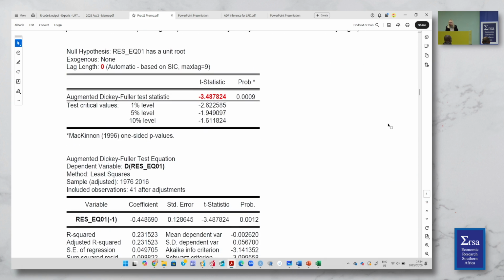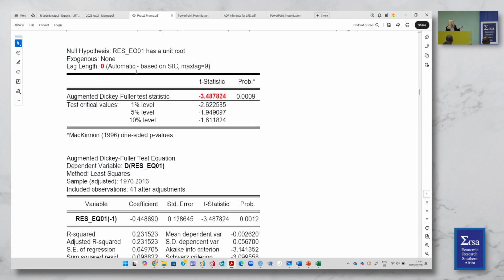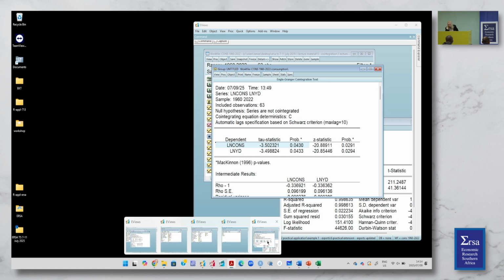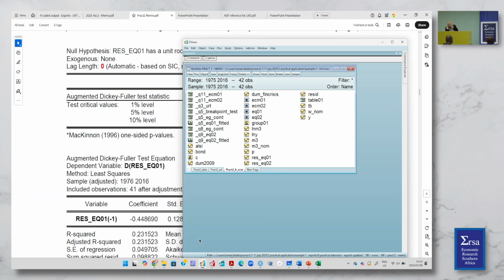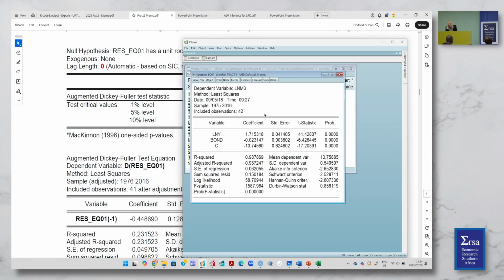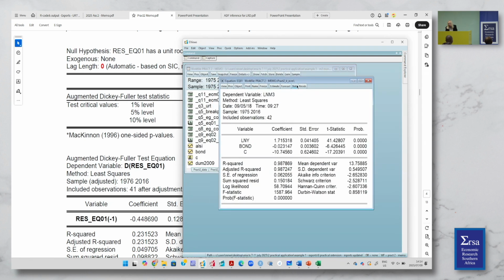So if we just do that first exercise, just doing a unit root test straight on the residual. How we get that residual is if you run that simple regression, we know that is the residual.